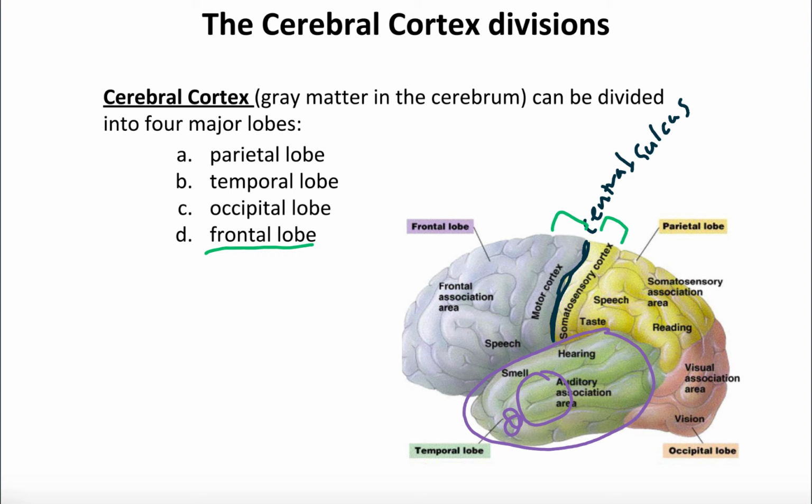The big wrinkle in the back is the primary area for processing sensation, while the front area is the primary area over here for processing motor movement. So it's nice that the two areas, the area for processing sensations and the area for processing movement, are side by side, even though one is in the parietal lobe while the other is in the frontal lobe. Because they're side by side, it's really easy for them to coordinate information between the two.